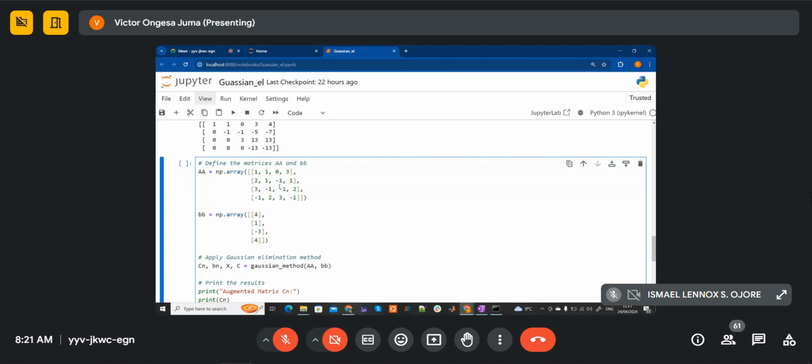It was 2.11. But remember here, we are not applying the pivoting. In this code, I didn't apply pivoting. I'll improve it to have the pivoting later on. So if there are errors because of the pivoting, then we will not get a solution. It might give us something different, but it's good to try.